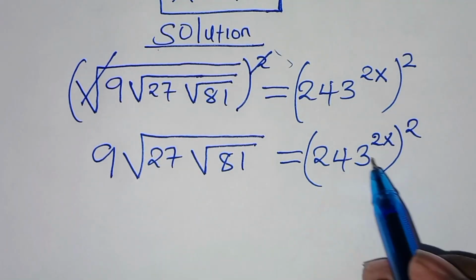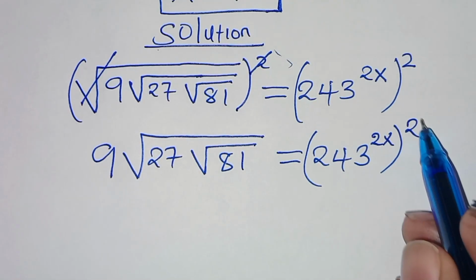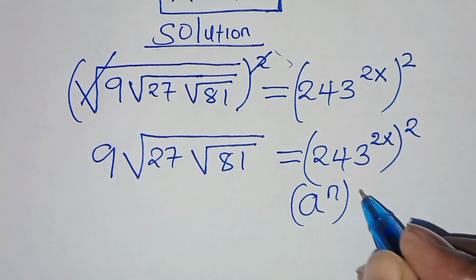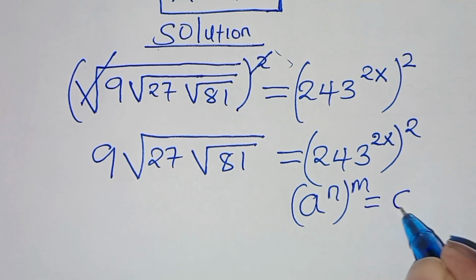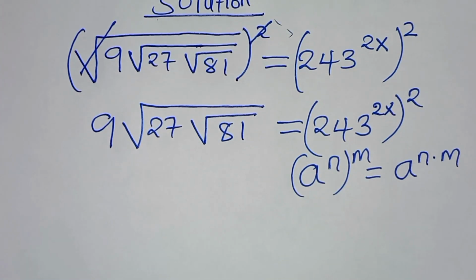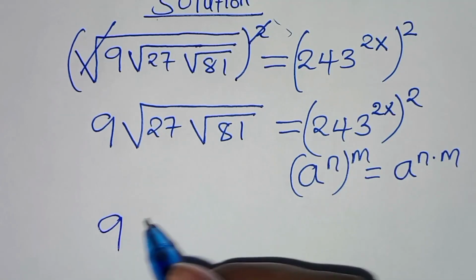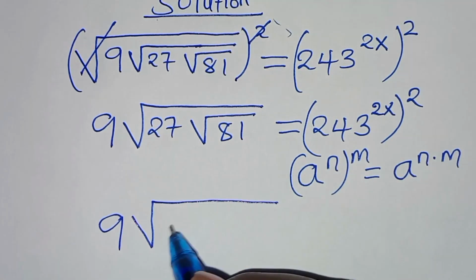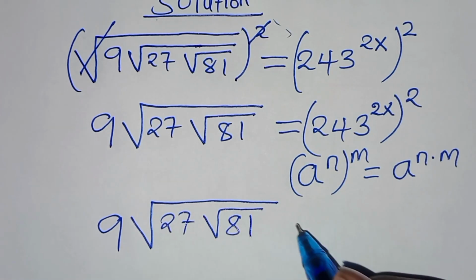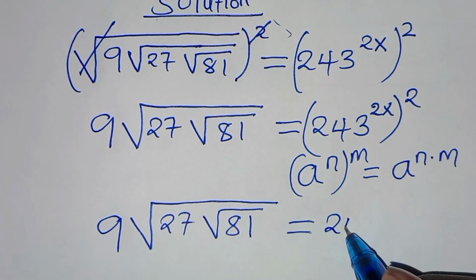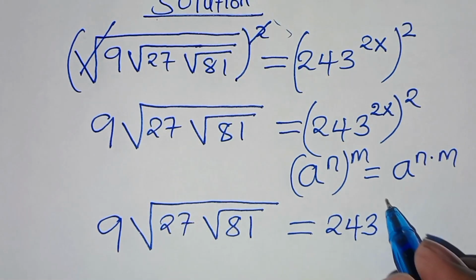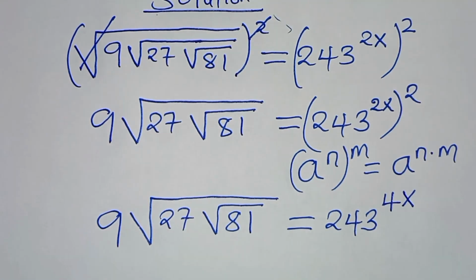Now you find that 243 raised to power 2x raised to power 2 is in the form of a to power n raised to power m, which we can express as a to power n times m. So this implies here we have 9 multiplying by square root of 27 multiplying by square root of 81. This is equal to 243 raised to power 2x times 2, which is actually equal to 4x.